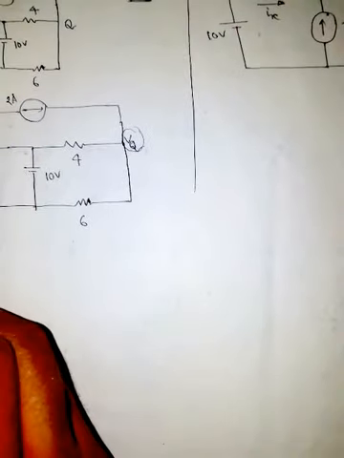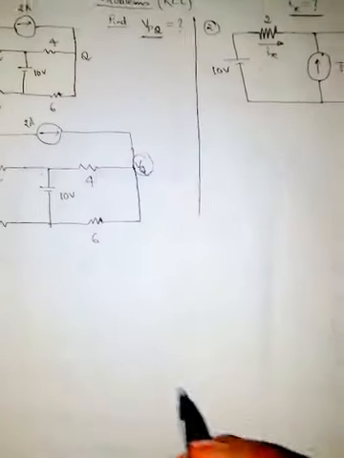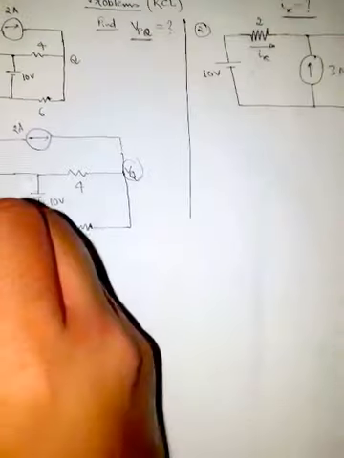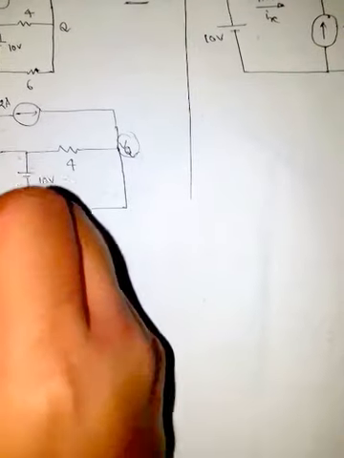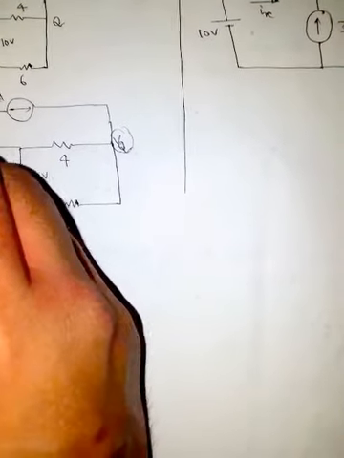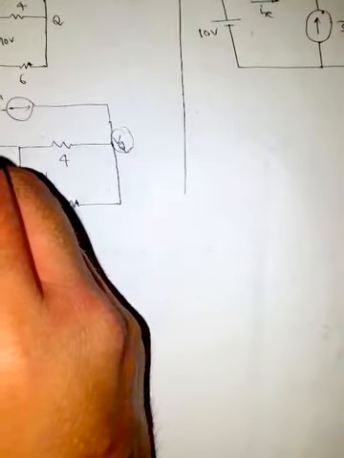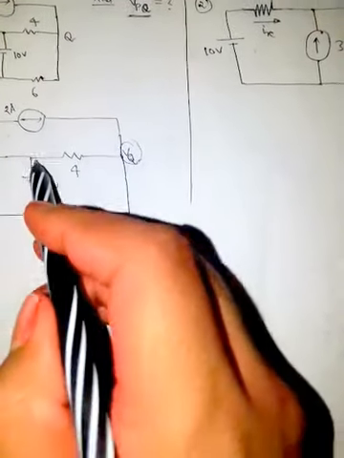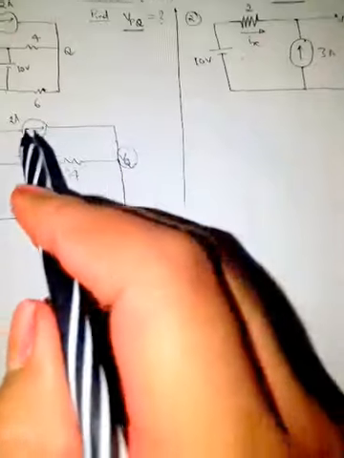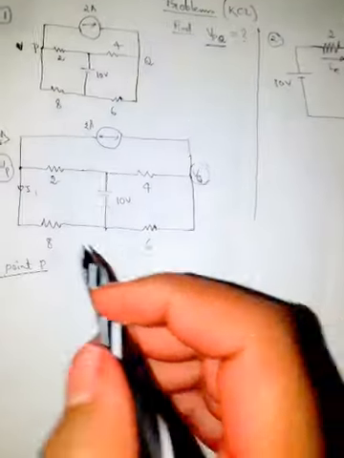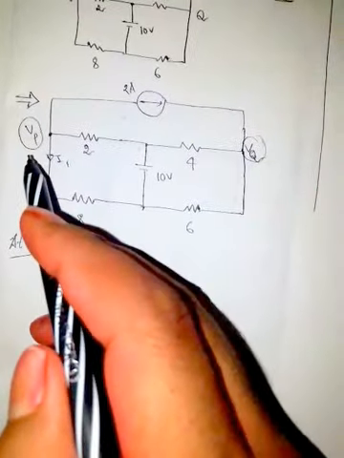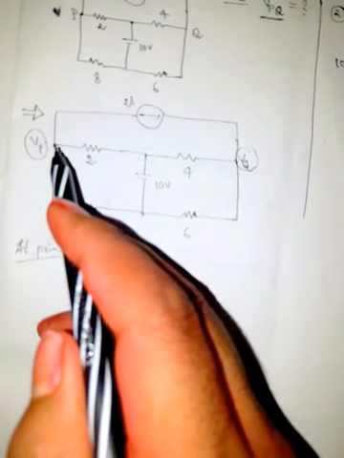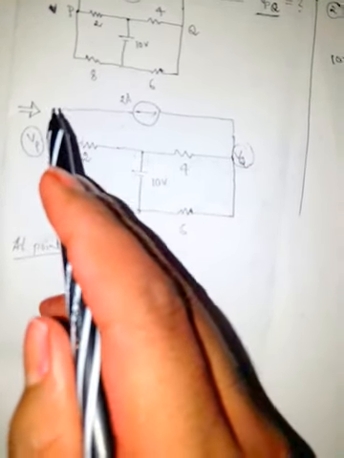So at point P, as I have told, we will always take this VP as greater than the other points.